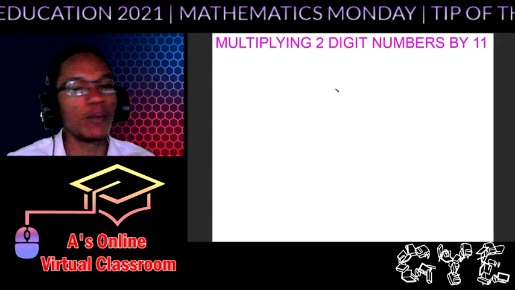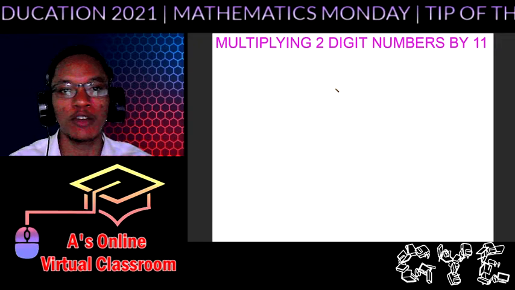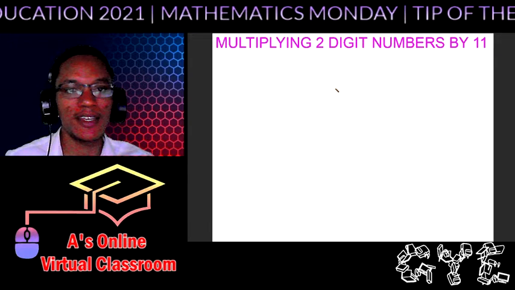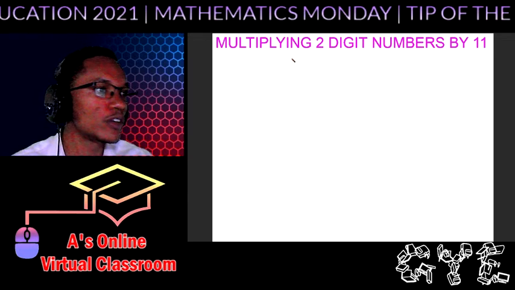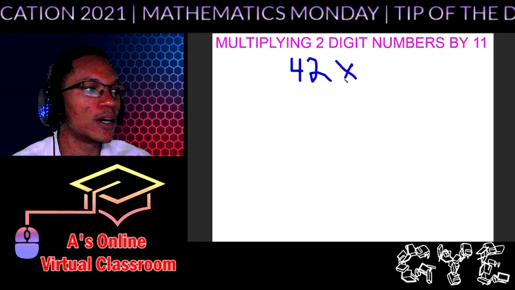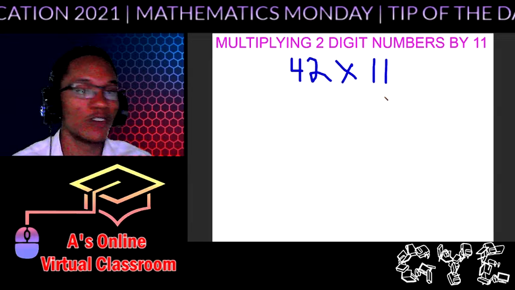Think of any two-digit number. I'll give you a minute. Alright, so I'm hearing 42. We want to multiply that by 11, right?